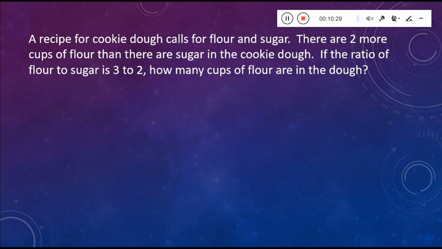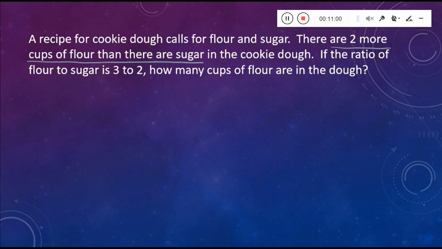So just like the previous problem, we are going to have to introduce a variable x in here, and we are going to have to let this variable represent the number of cups of one of these things, either the number of cups of flour or the number of cups of sugar. But we have a relationship between the number of cups of flour and the number of cups of sugar.